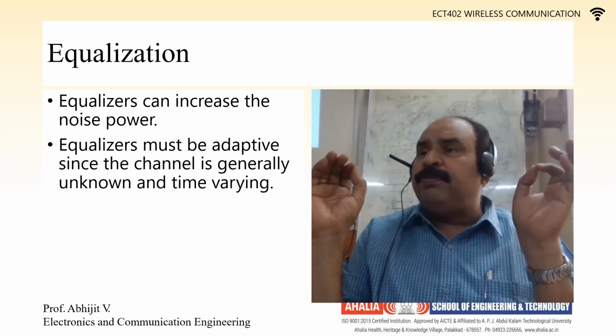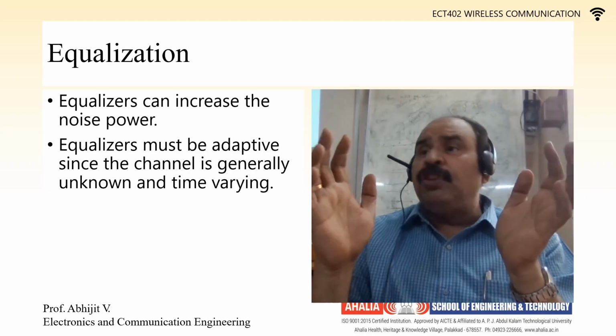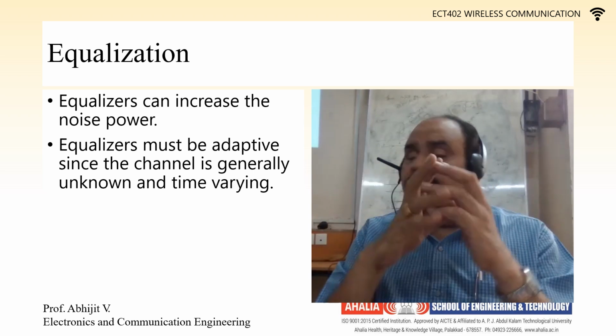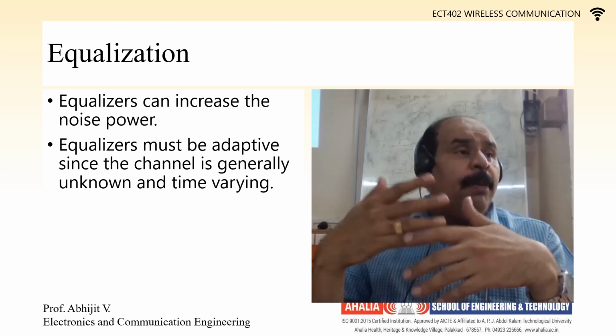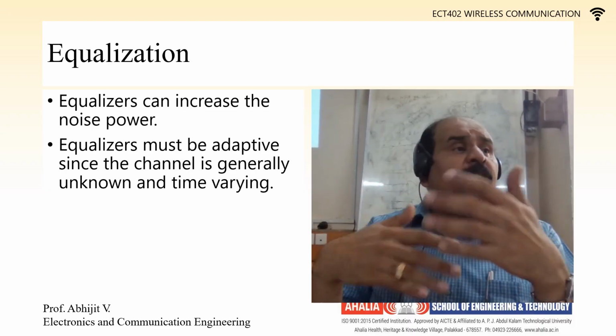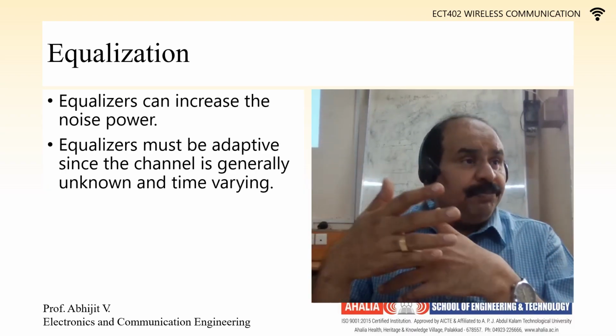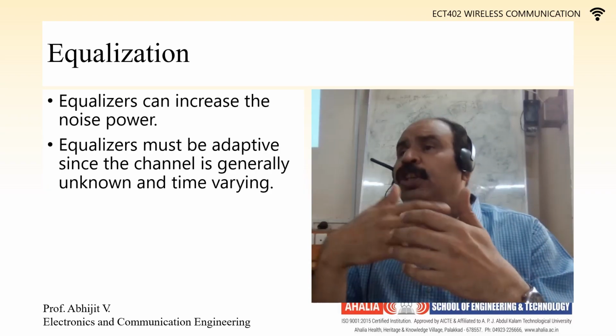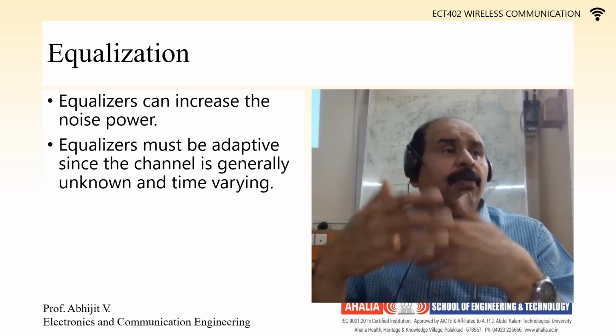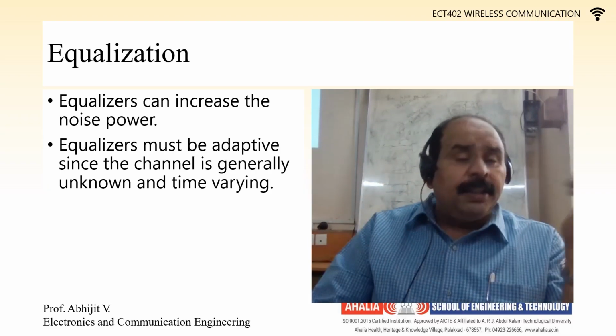The type of channel, or the channel response, is usually not known to the transmitter, and it has a very volatile property. That means it varies very quickly with time. So we have to keep all these points in consideration while we design an equalizer.